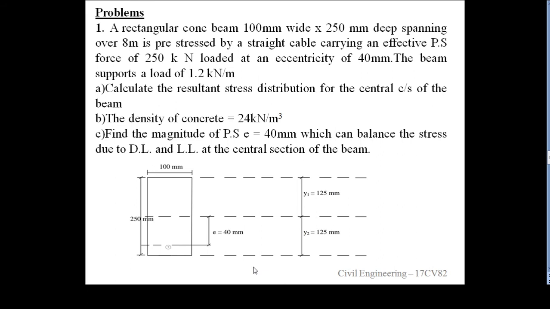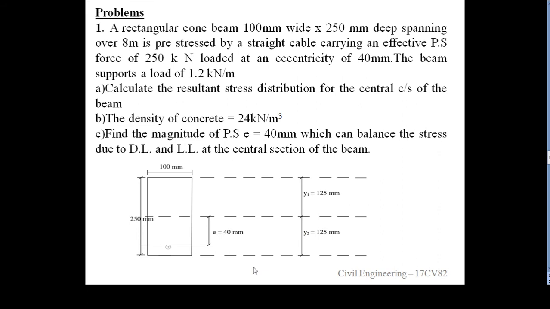In the first problem, a rectangular concrete beam 100 mm wide into 250 mm deep, spanning over 8 meter, is pre-stressed by a straight cable carrying an effective pre-stress force of 250 kilonewton, located at an eccentricity of 40 mm.